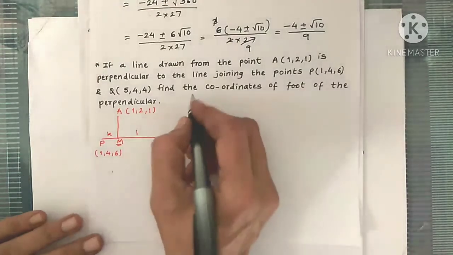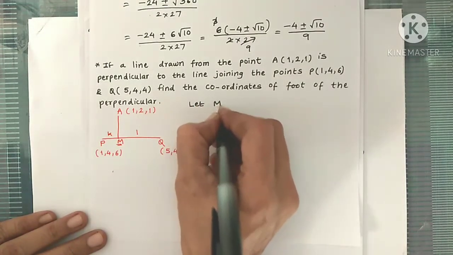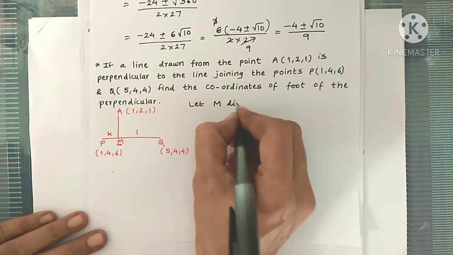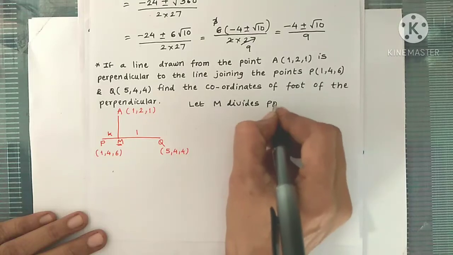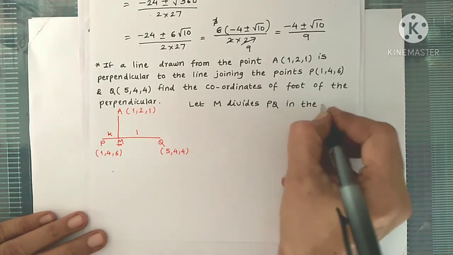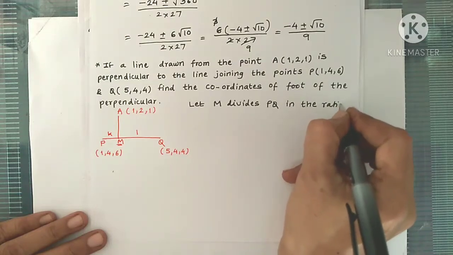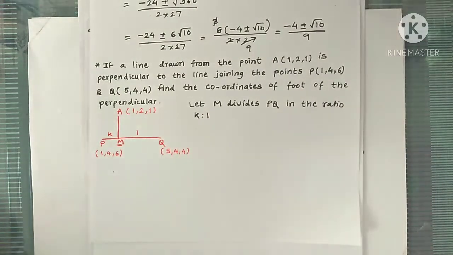So let M divide PQ in the ratio k is to 1. And when we solve it and get the value of k, if k is positive, that means it is internal division, and if k is negative, that means it is external division.